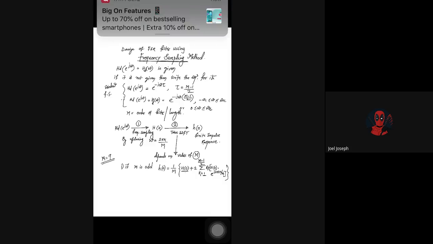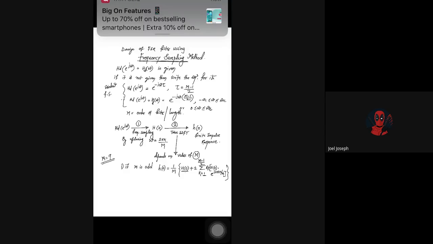Clear? And the formula means h of 0, for this one you put k is equal to 0. And for the rest, k is equal to 1 to (m minus 1) by 2.